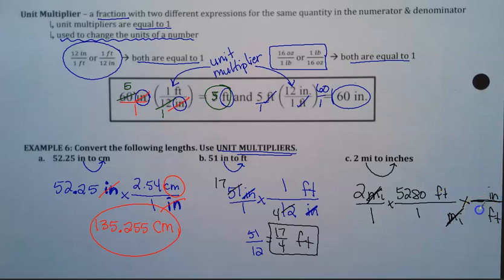All right, and I know that 1 foot is equal to 12 inches. And my feet cancel, and I'm left with inches, which is what I wanted. So now I need to do 2 times 5,280 times 12, which is going to get me 126,720 inches.